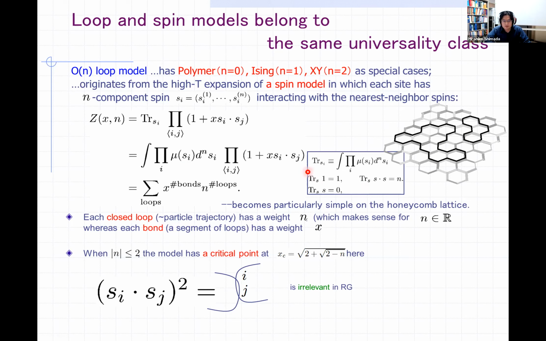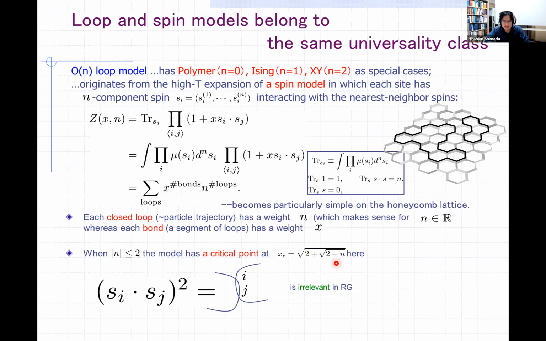So x is the weight for the occupied bond, and n is the non-local weight for the loops, for each loop. It becomes particularly simple on the honeycomb lattice, it is known. It has a critical point at special values of x_c, given by this formula in n.